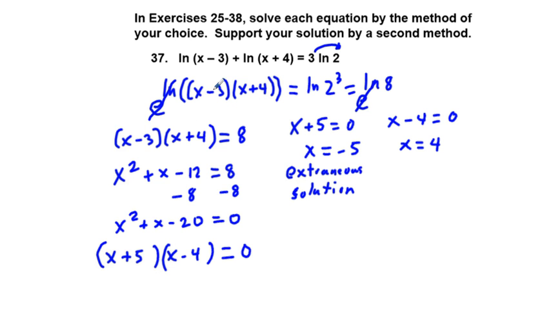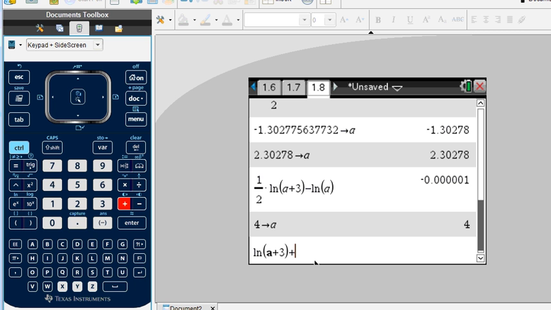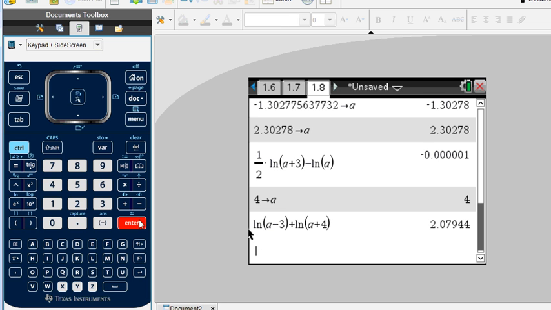We have A minus 3 and A plus 4. Okay, so we're going to get a value here, and that should be the same as 3 times the natural logarithm of 2.